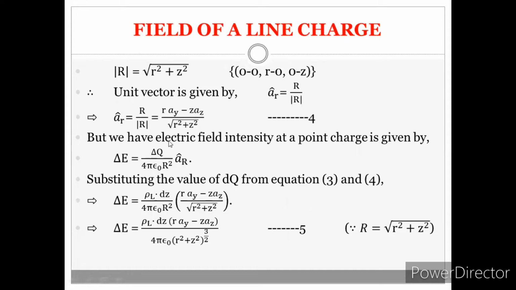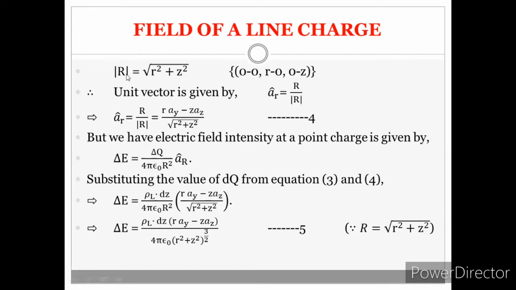Now if you observe, the electric field intensity due to a point charge is given by dE is equal to dQ divided by 4 pi epsilon naught r square ar. Now we need to substitute the value of r and the unit vector ar. So dQ is rho L dz, divided by 4 pi epsilon naught r square, and for the unit vector we substitute r ay minus z az divided by square root of r square plus z square.